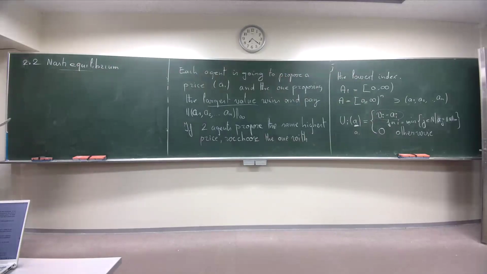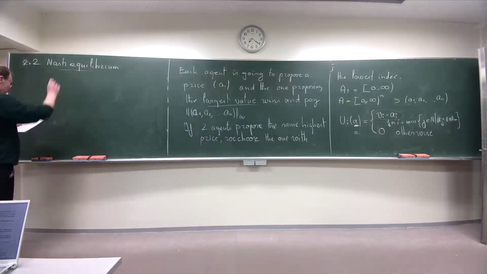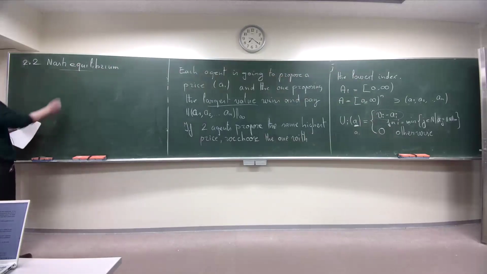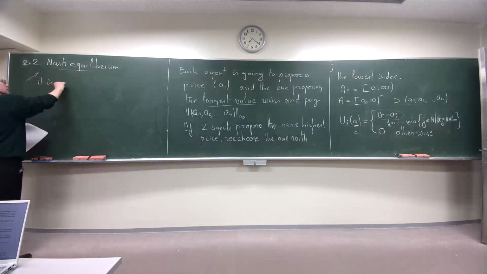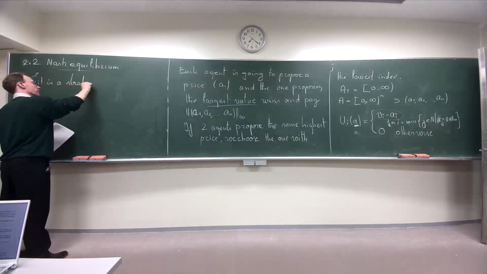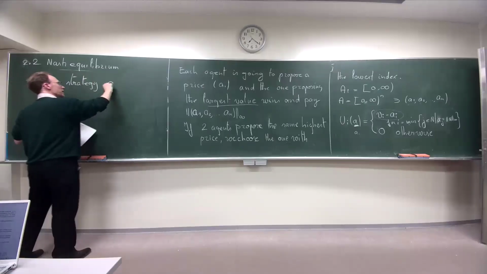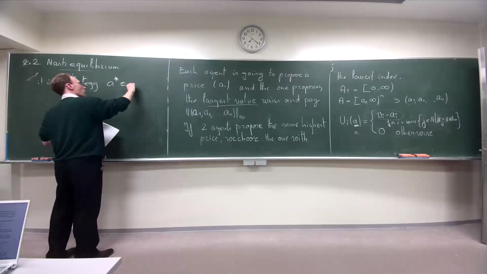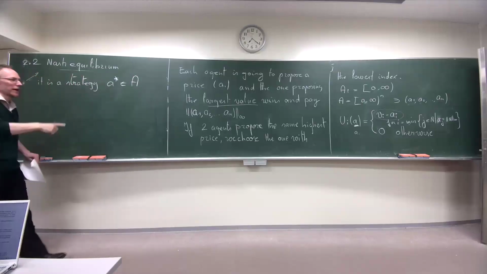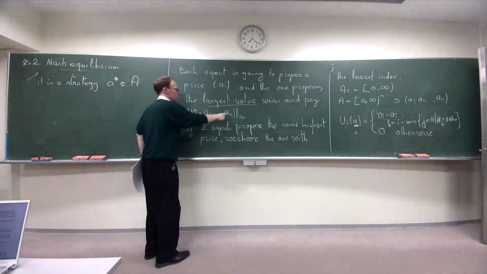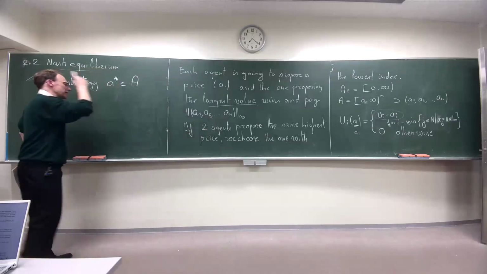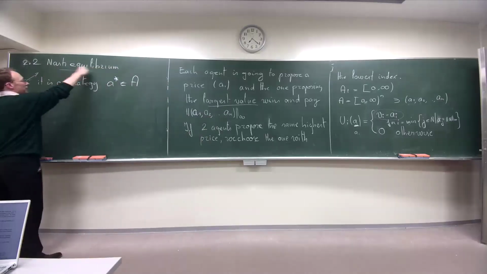Okay. So what is a Nash equilibrium? It has been introduced by Nash, of course. I will give a precise definition, but it is a strategy profile. So it means it's an element of A. A strategy profile is a collection A1, A2 up to An. And I put a star because it's precisely a special one.